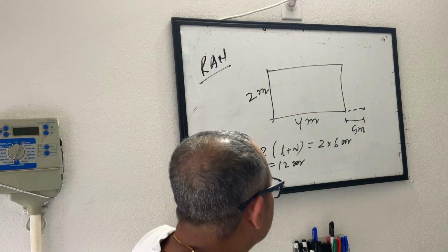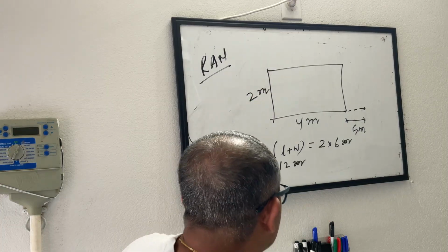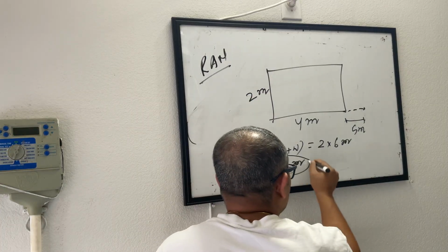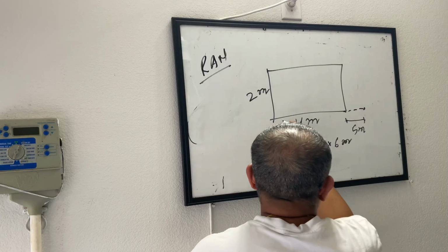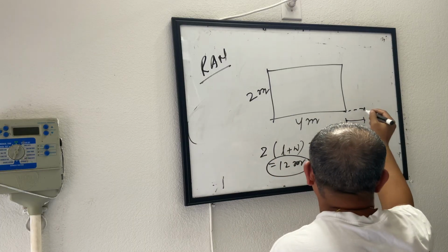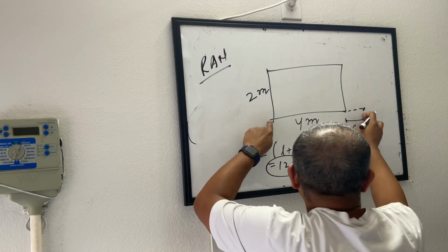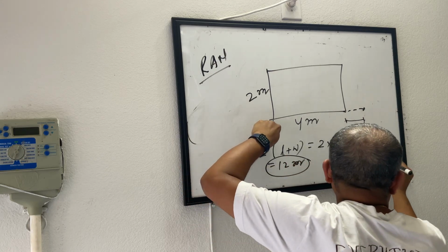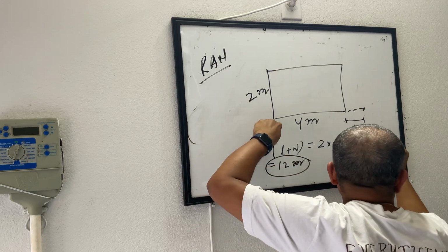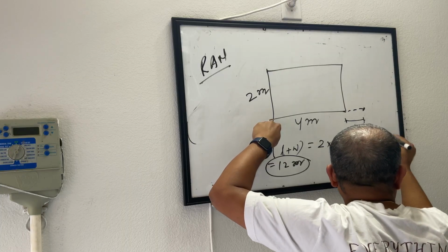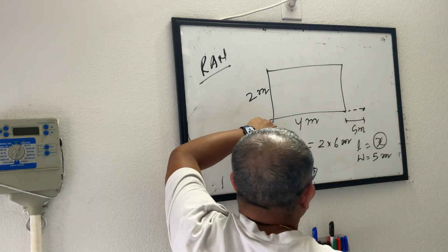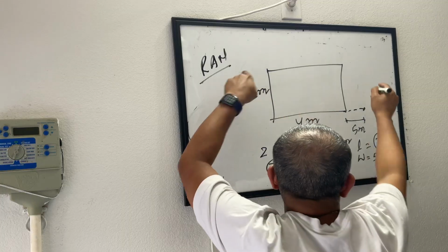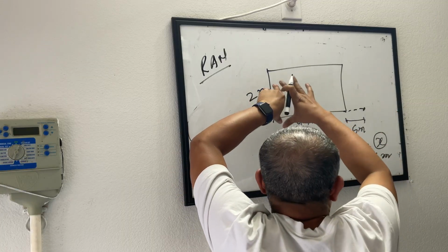It says the perimeter doesn't change. So the perimeter of the new rectangle will also not change. The width has changed from 4 to 5, so my width is 5 meter now. Length I don't know. Whatever I don't know, I'll put an x to it. So now what will be the perimeter of the new rectangle? It's saying that it will be the same.